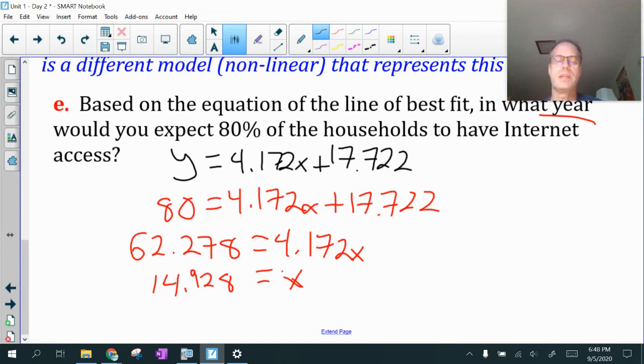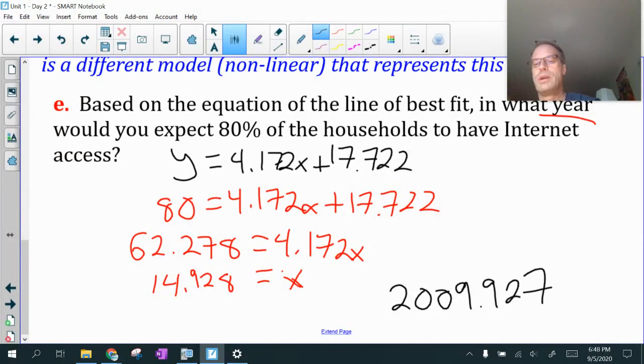So I'm going to take that value and add it to 1995, which gets me up to an answer of 2009.92. So if as a businessman I was asking when it is going to occur, I'm going to say at the very end of 2009.